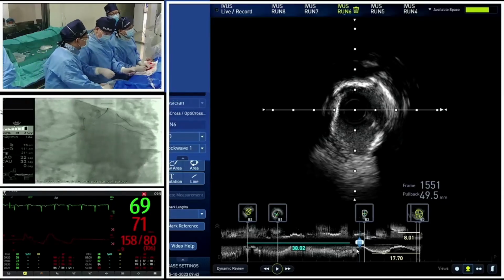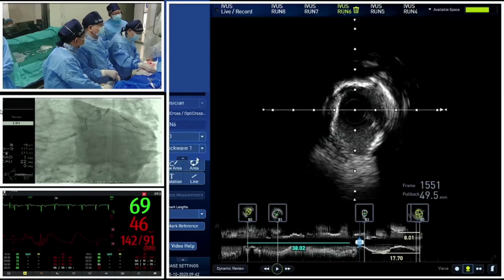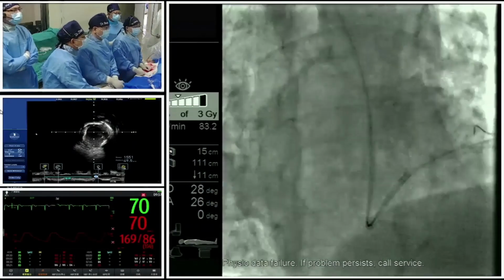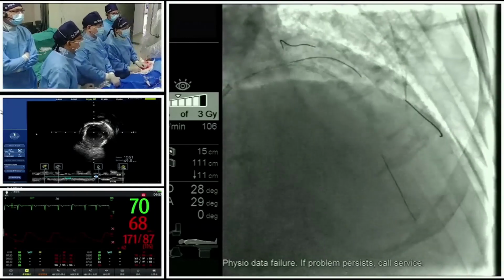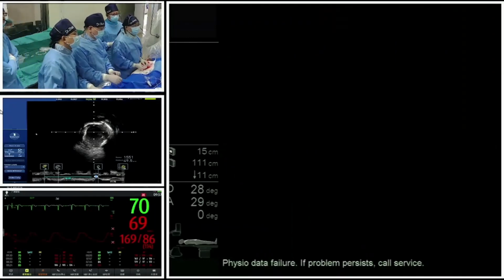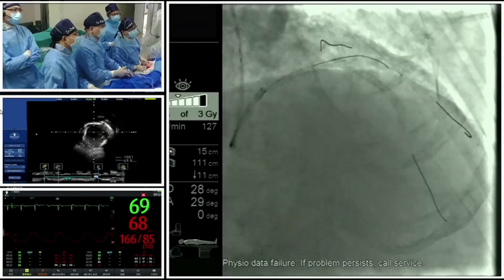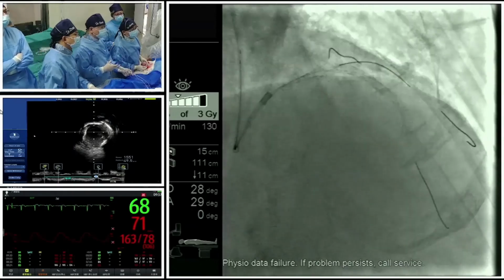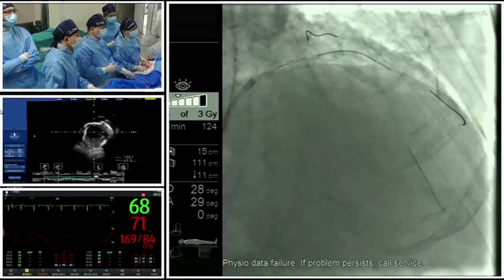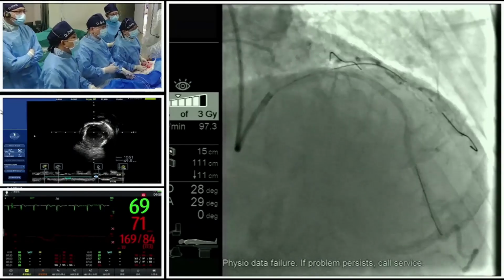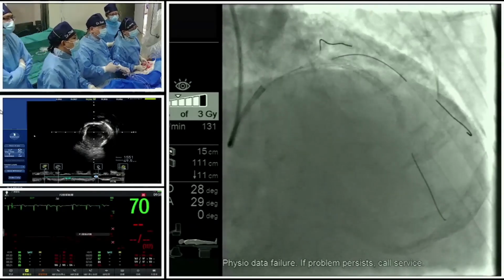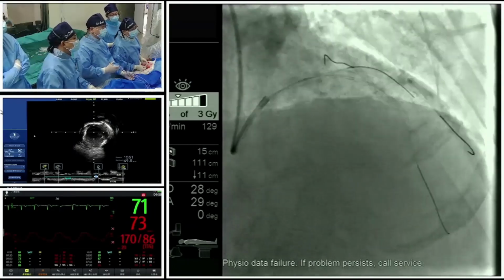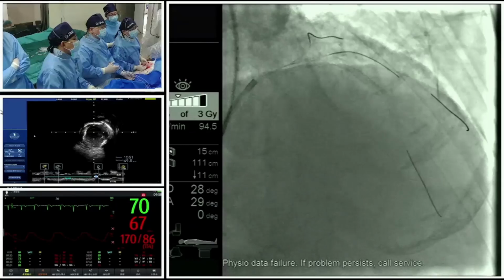Yes. And another important point is that we should perform the jailed balloon technique respectively to protect the diagonal branch and the circumflex. So during the stent implantation, the balloon should be positioned at the ostium of the side branch.